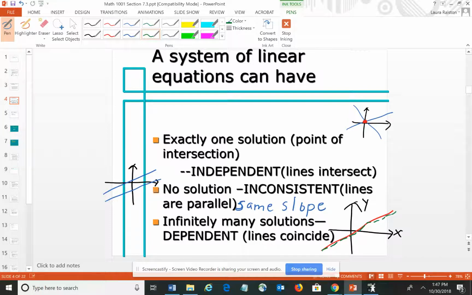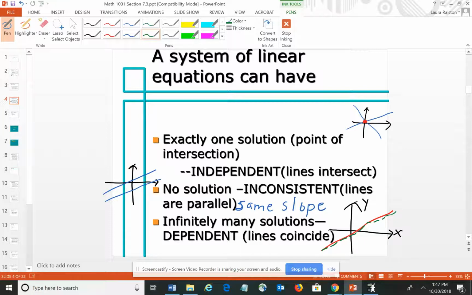So that basically it's touching at every single point. We say the lines coincide. They're on top of one another and they touch basically at every point, which means we have an infinite number of solutions, and we call that system dependent.